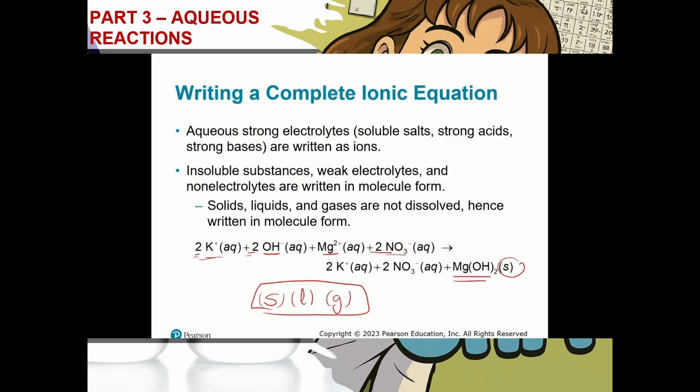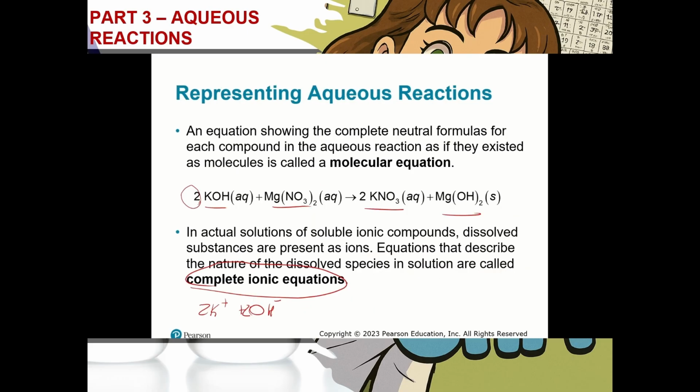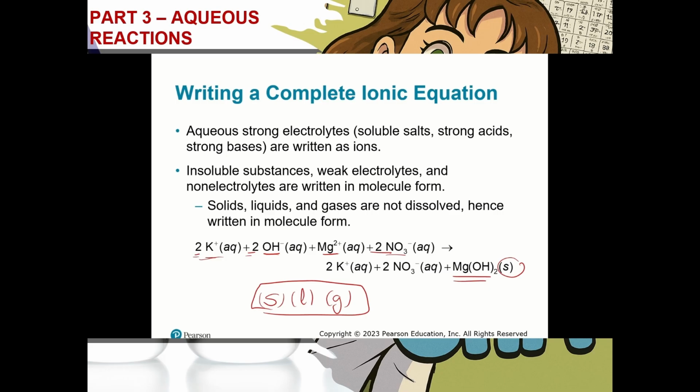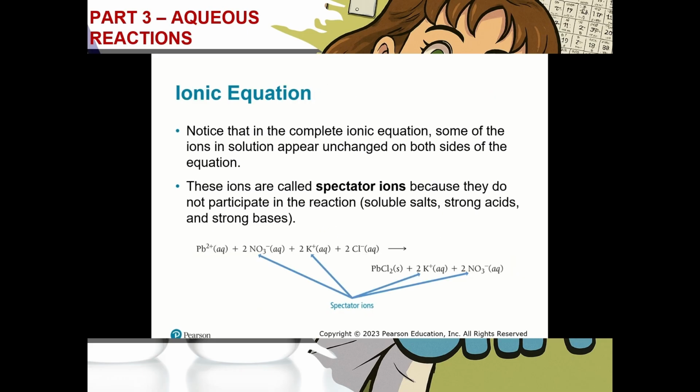So in this case over here, I have magnesium nitrate. See, I have two nitrates, not two magnesium, so this is why I have two nitrates over here, okay? When you write down the ionic equation, you're going to notice that some ions appear unchanged on both sides of the equation.